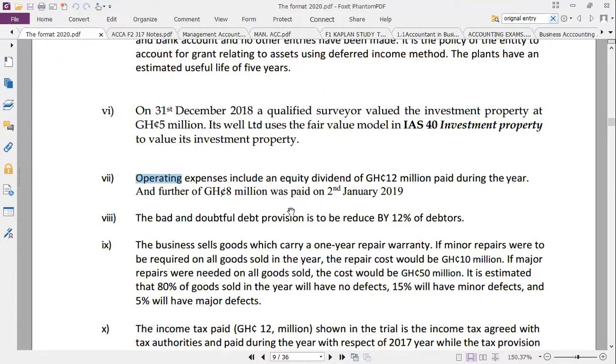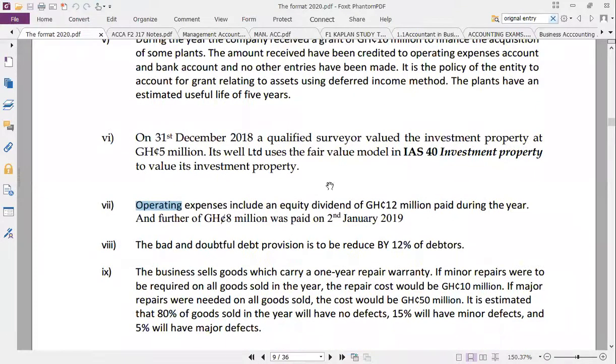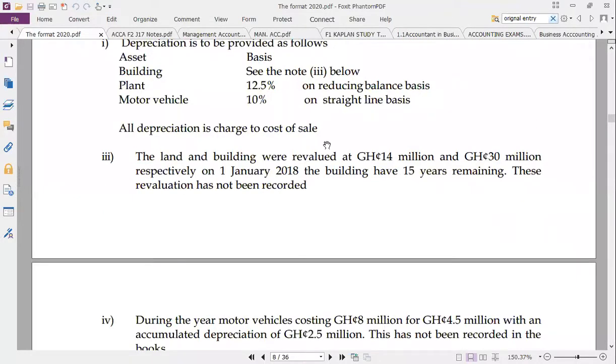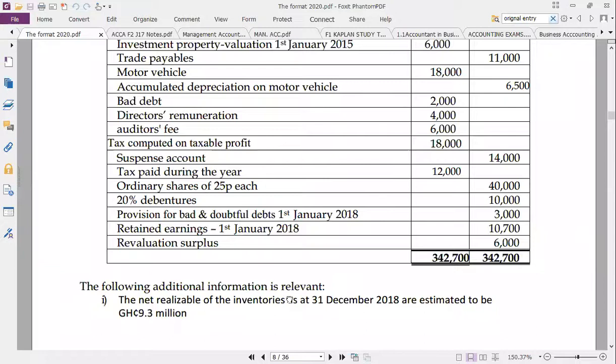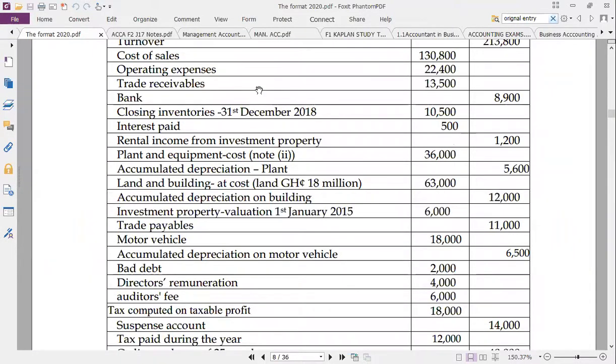That means they have added the dividend that they paid. They thought it's an operating expense. So they've added it to the operating expenses in the trial balance.